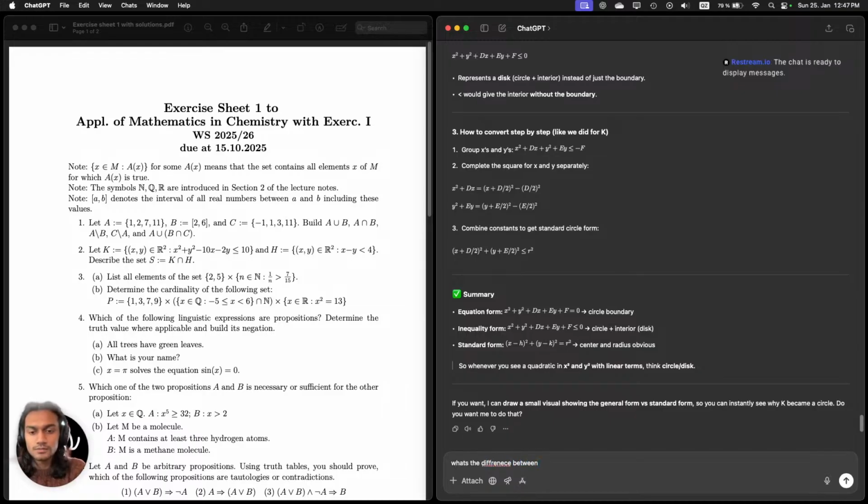What's the difference between the standard form and general form? Also, what connects these standard and general forms?